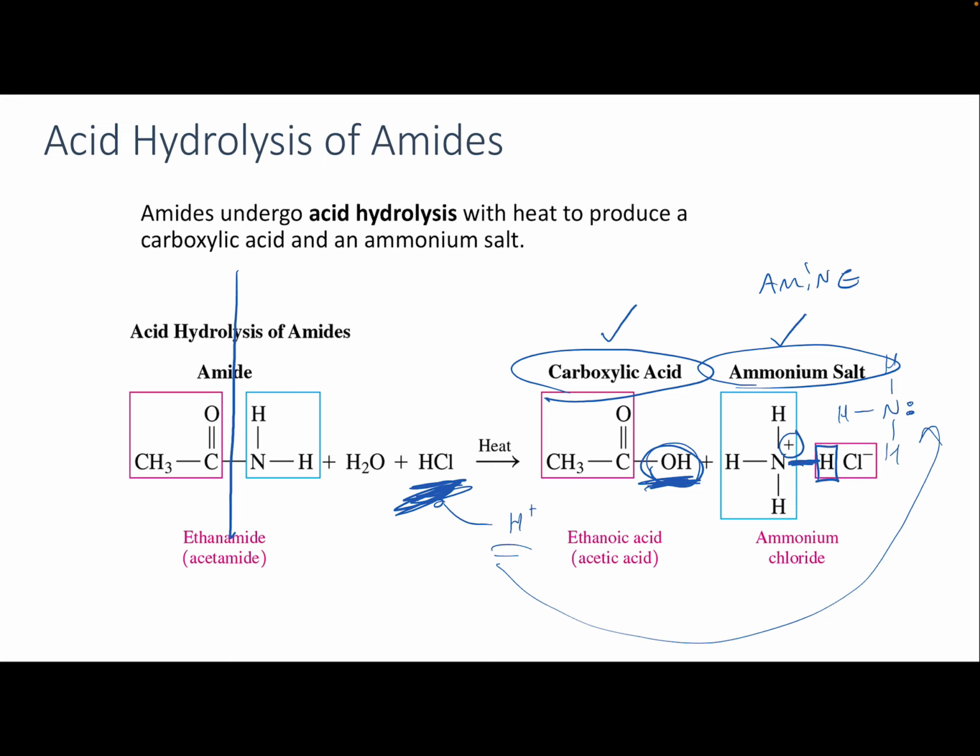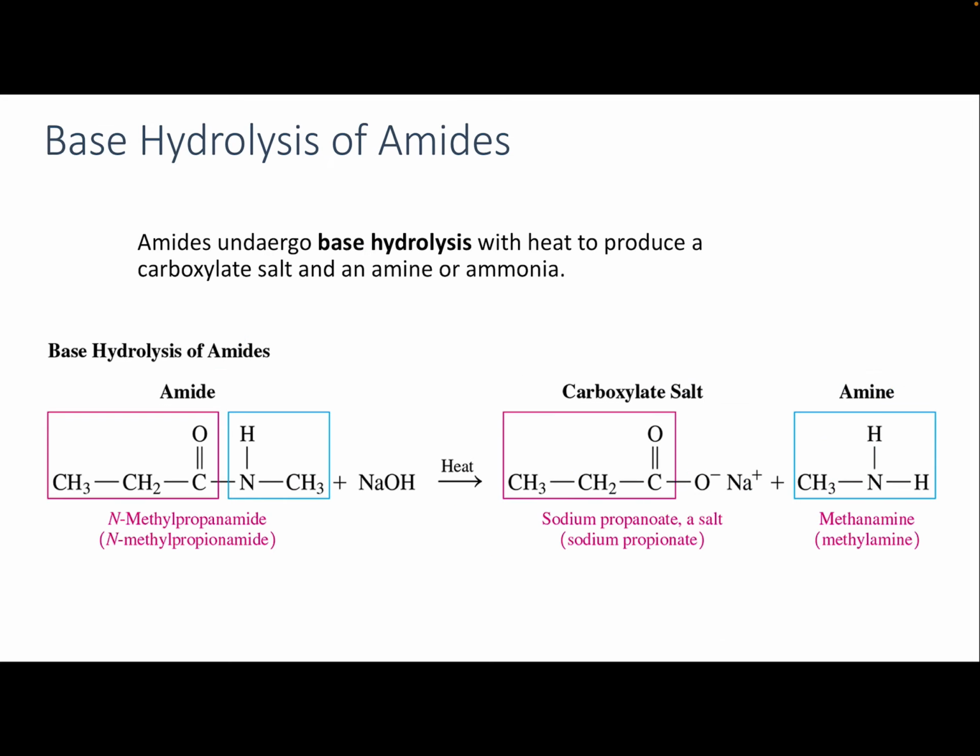Let's take a look at the base situation. In base, we are still going to cut our amide right down the center. We're still going to add an OH to the side of the carboxylic acid. And then we think about what's going to happen to it.